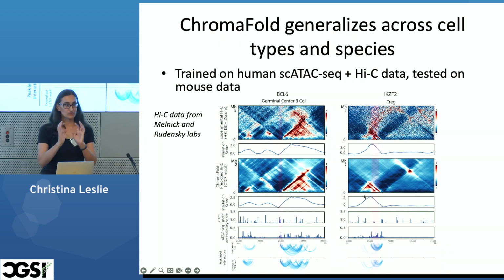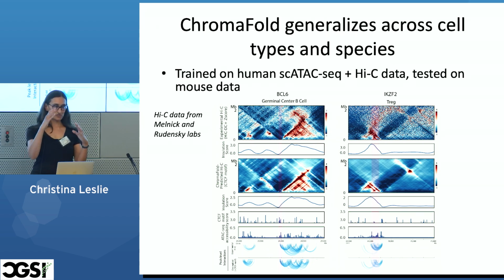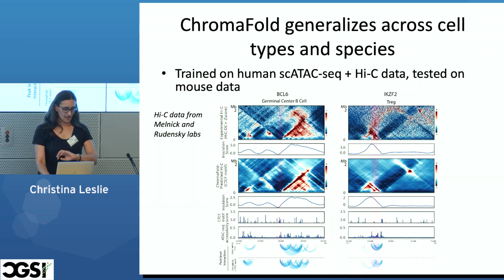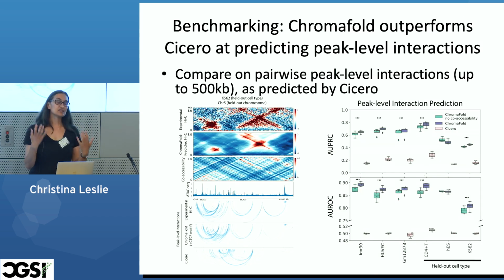The prediction is actually good enough to look at, find the significant interactions or the highest scoring interactions, and make inferences about what enhancers might be interacting with the promoter. I think I have to go quickly, so I'm just going to say, we did a lot of benchmarking.